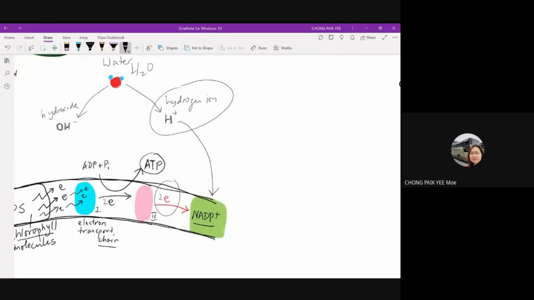When it receives these two things, it is going to become NADPH. H is hydrogen, and it is no longer charged because it has been neutralized. You have two electrons come in and another hydrogen come in, so it is already neutral.